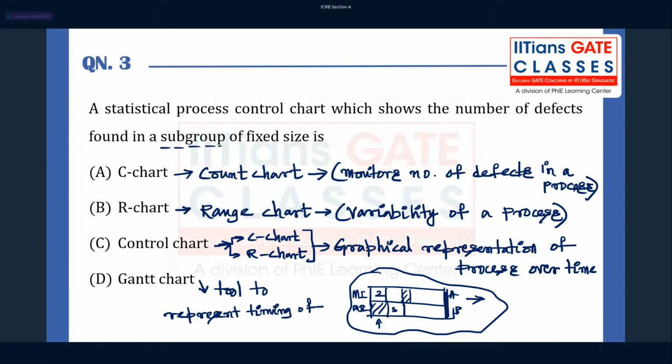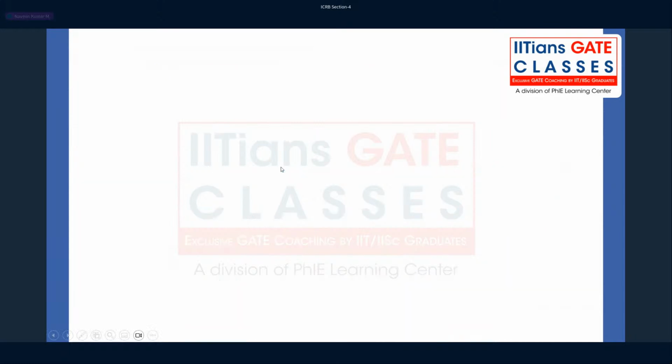So hence, out of all the questions, let's read the question now. A statistical process control chart which shows the number of defects found in a subgroup of a fixed size is... Answer is A. Okay, very good.